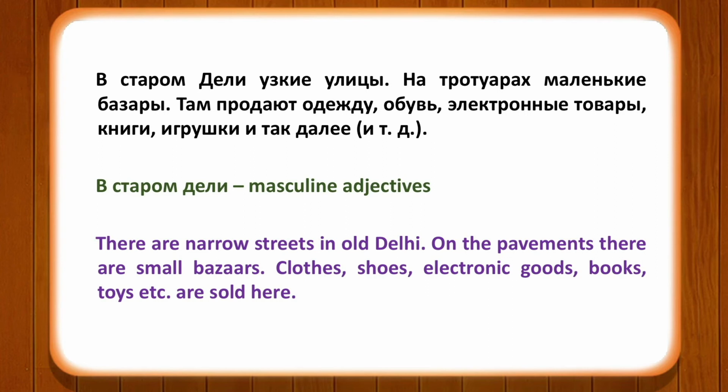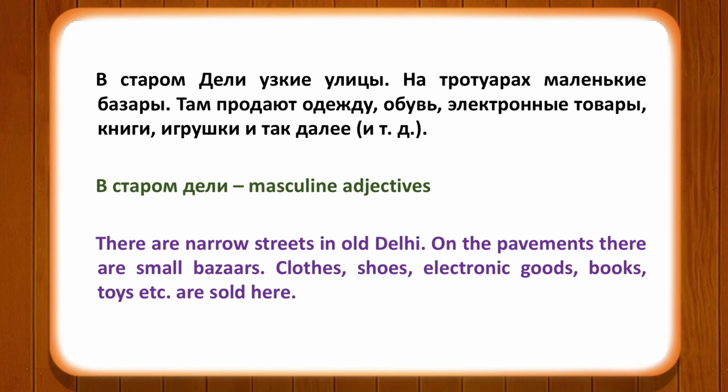Na tratuarah malenkiye bazari. You can see that tratuar here is used in prepositional case and in plural form. Na tratuare will be singular prepositional form and na tratuarah prepositional plural. Malenkiye bazari.